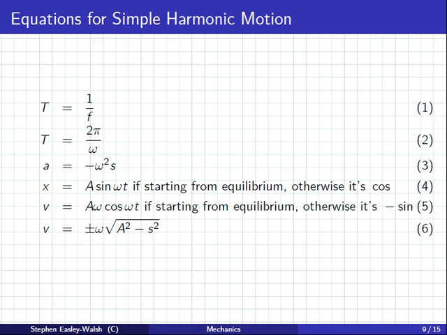Before I continue, we have the second half. What about maximum acceleration? Again, I don't care about the minus. But at what value of S will I have the maximum acceleration? What's that called? Maximum displacement.